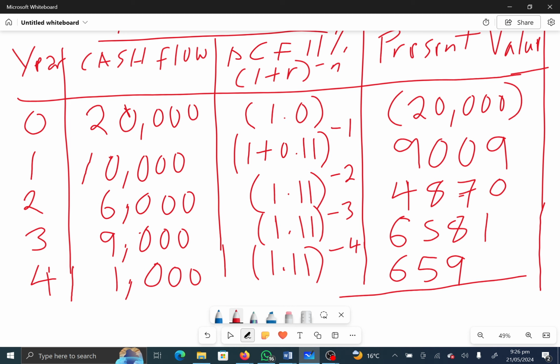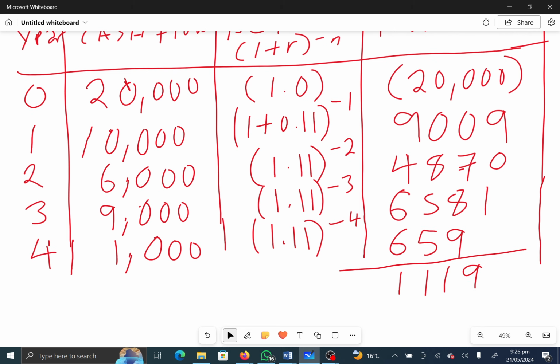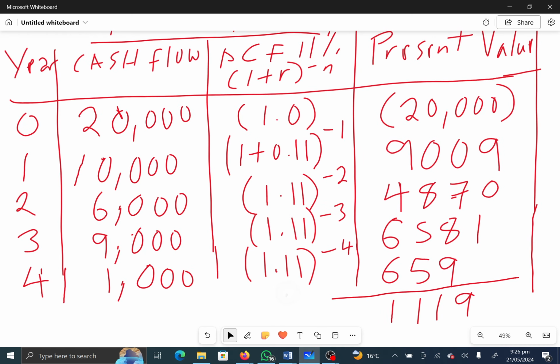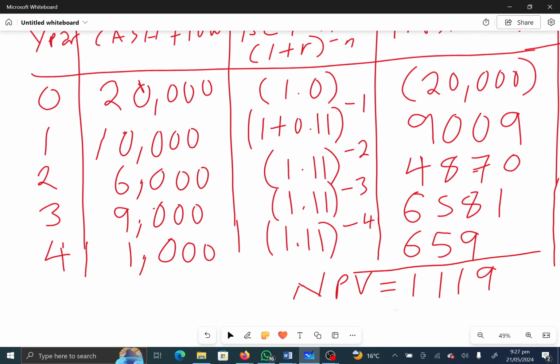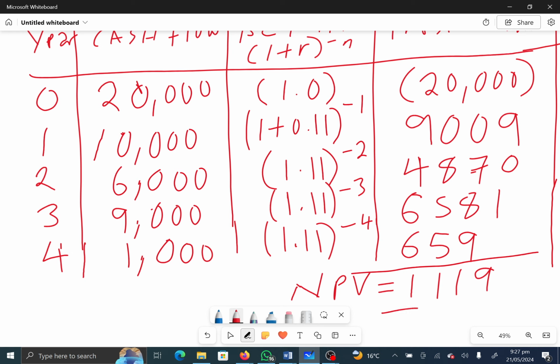So what are we getting? 1,100. Yes, because we have added these present values, that's where the net comes in. So this becomes the net of all present values. So this becomes the net present value.